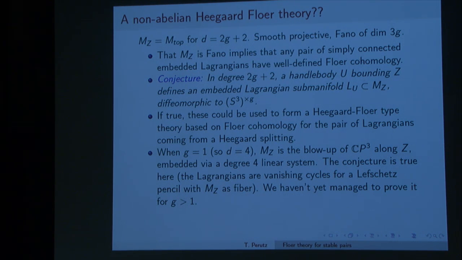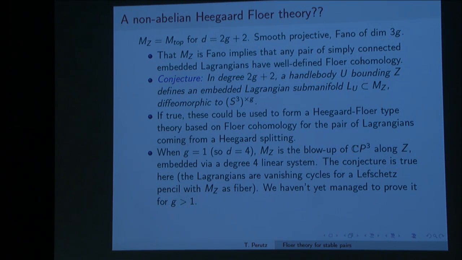If you have any pair of simply connected embedded Lagrangians, I should have said that with the same numerical count of Maslov 2 disks attached to them, they have a well-defined Floer cohomology. Okay, so defining Floer cohomology is really very unproblematic in this situation.